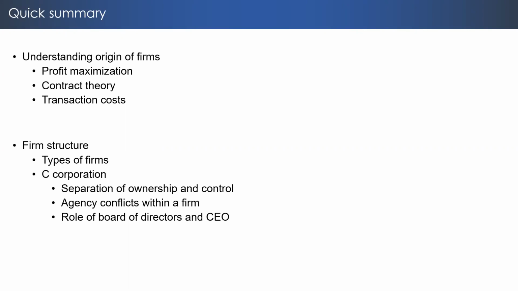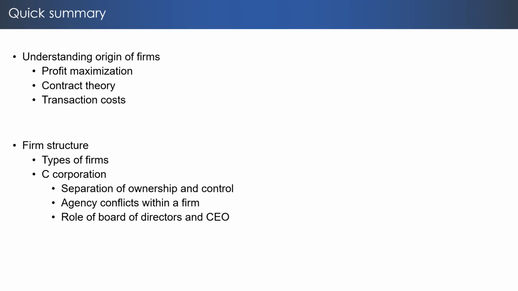However, it's not only between managers and other investors. It could also be related to different types of investors, meaning debt holders and equity holders. And in C corporations, there's something different from other types of corporations, which is the board of directors.